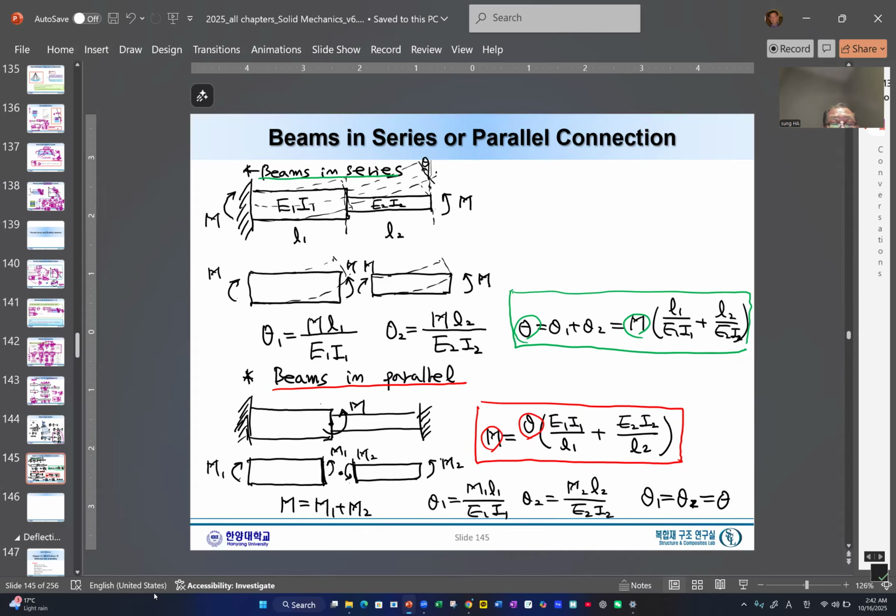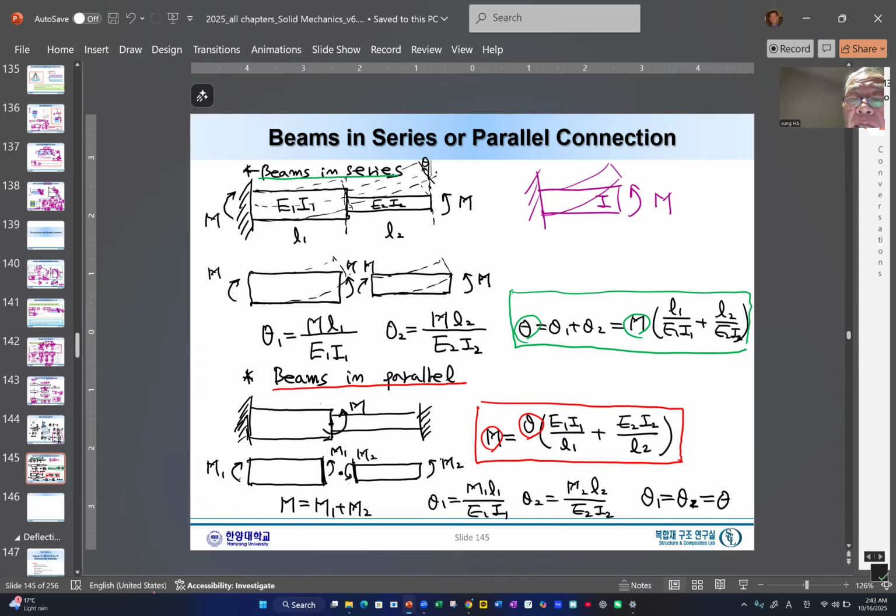Now we have a very important case where the beam is connected. See, the beam simply like this, we have a moment, and this is the moment of inertia I, and we know how to calculate.